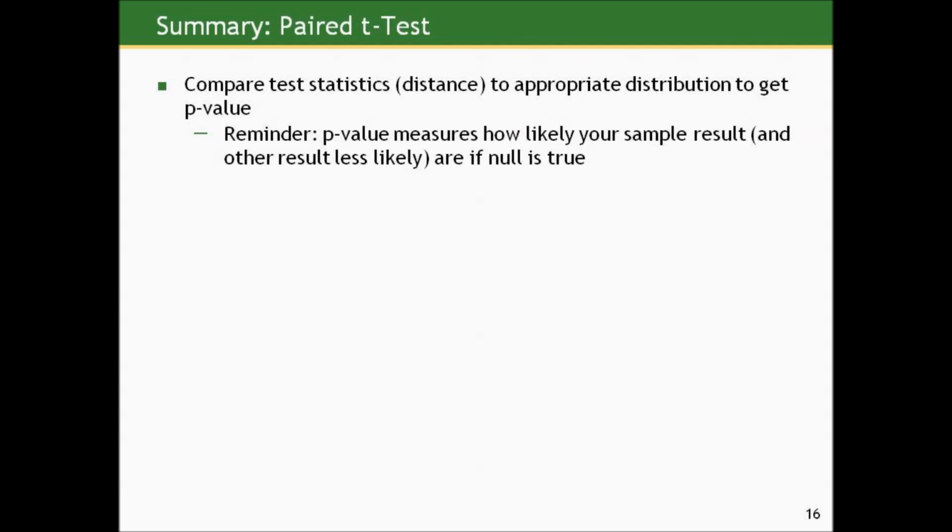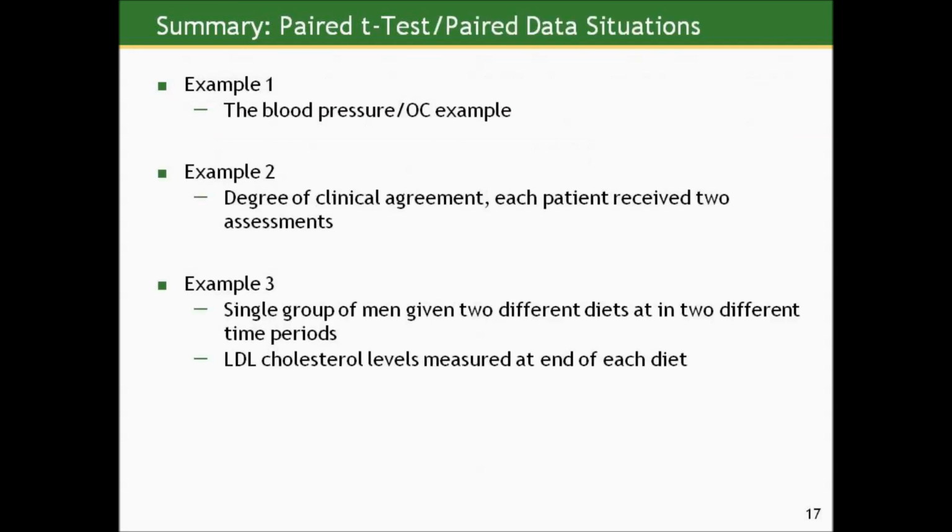Just to remind you of what constitutes paired data situations, we'll go through the examples we did. In example 1, we had the blood pressure oral contraceptive example, where we had a single group of women whose blood pressure was measured at 2 different time points and compared. So we computed the difference in blood pressures for each woman between the 2 time points, and that was our measure of comparison.